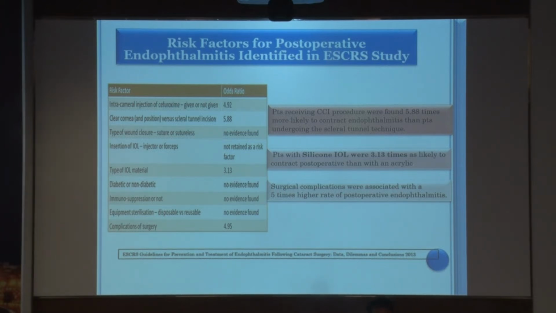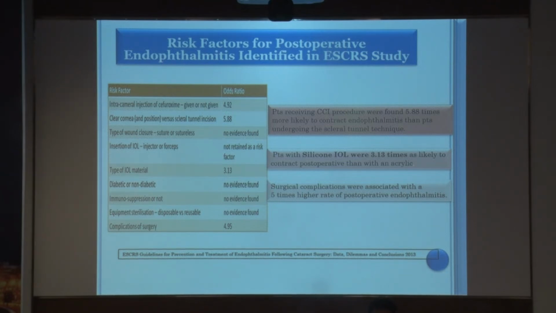And this is one study which was related to guidelines, like what kind of surgery resulted in more chance of endophthalmitis. So people saw that the clear corneal incisions had a slightly more chance rather than scleral tunnel incision.